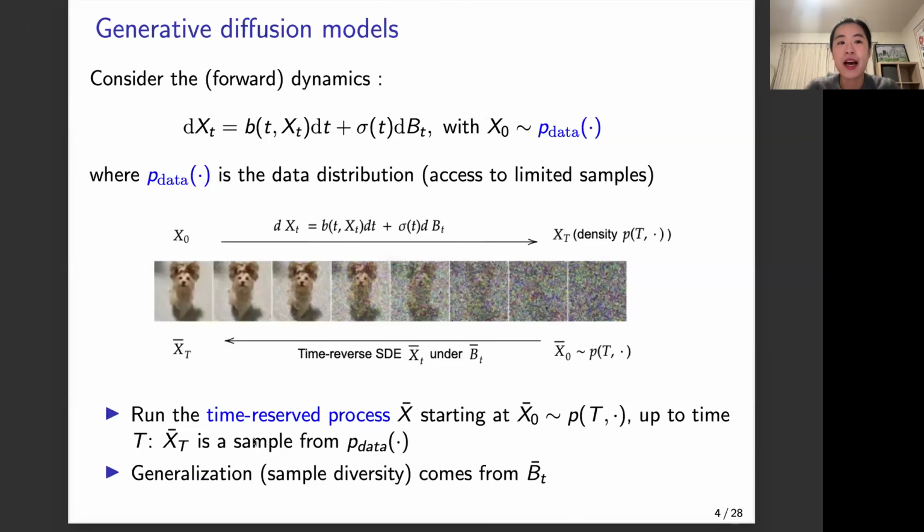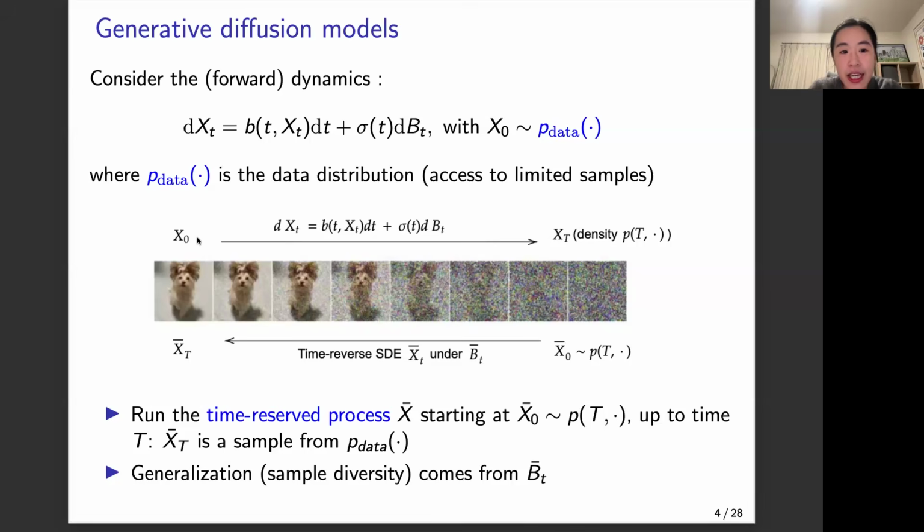The idea behind a generative diffusion model is really simple and elegant. Consider a forward dynamic driven by a stochastic differential equation with a drift term b, which is time-dependent and state-dependent, and a simple volatility term that is only a function of time t. We start with the initial position x0, a sample from the data set.